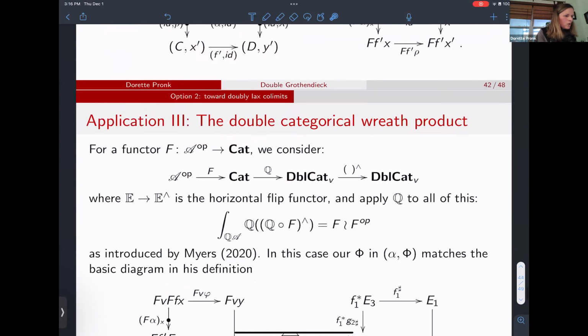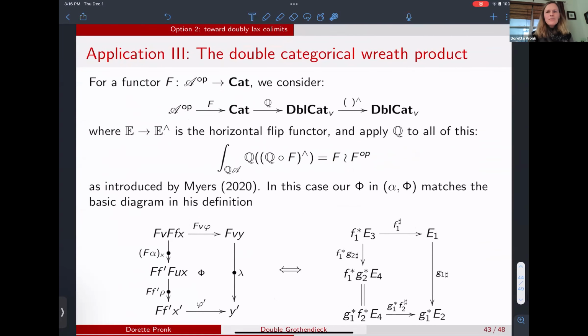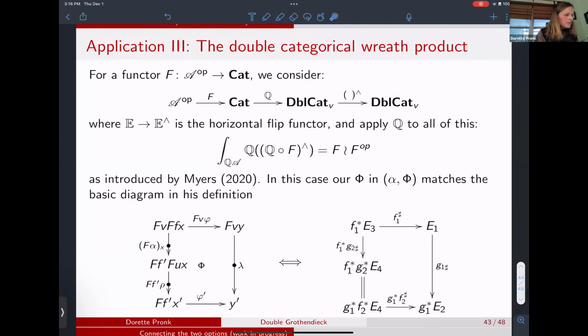Okay, so I want to come back to David's work. So the double categorical read product that was given in the dynamical systems paper, can I get that one as our construction as well? By taking a functor from A up to Cat, we compose with Q. We then need to do a horizontal flip and apply Q to all of that.